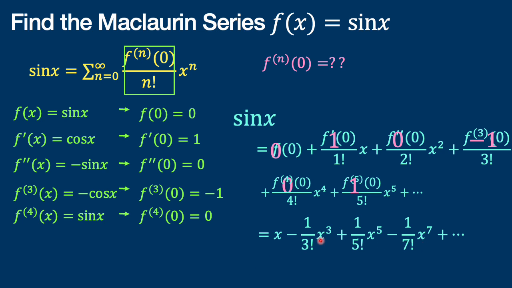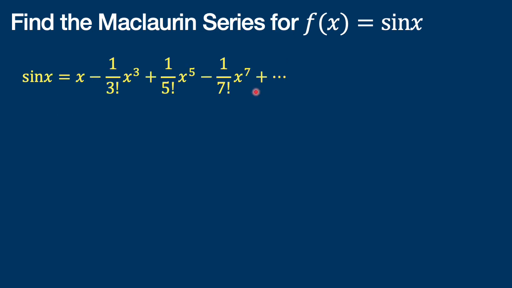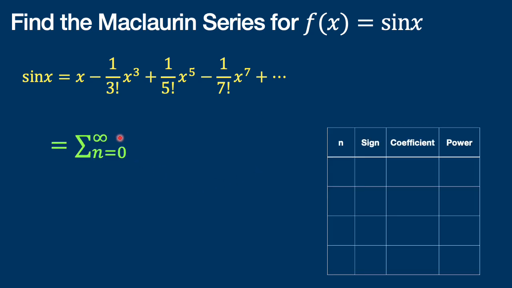Let's find the summation for sin x. I want to find the general term of the Maclaurin series. For sin x, we write the summation from n equals 0 to infinity.